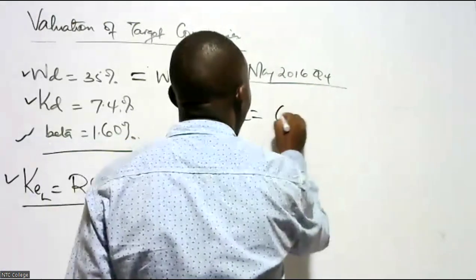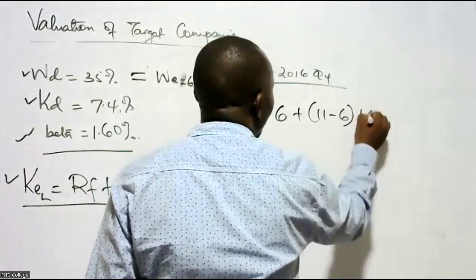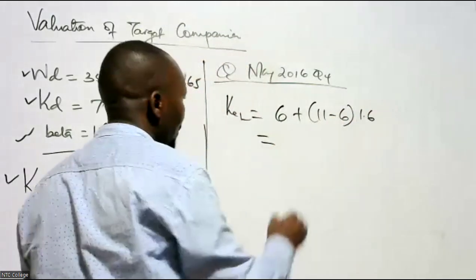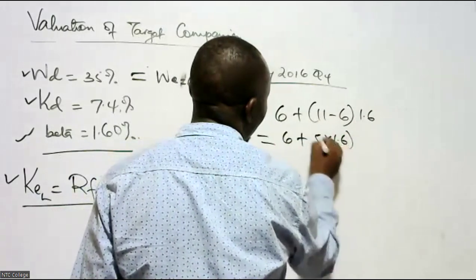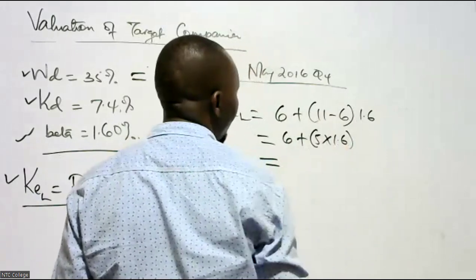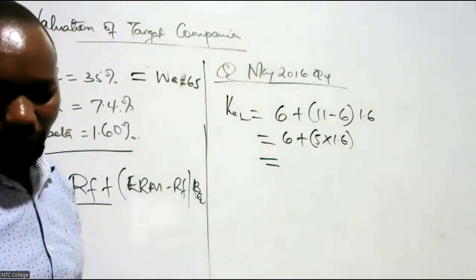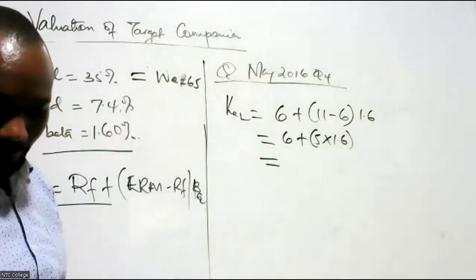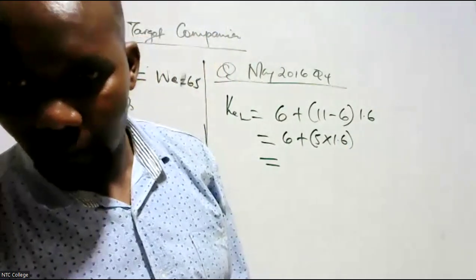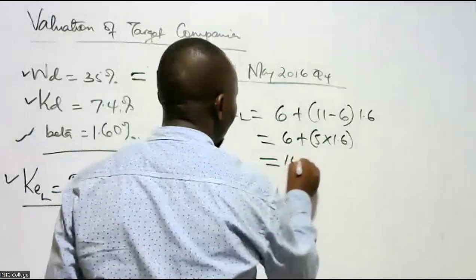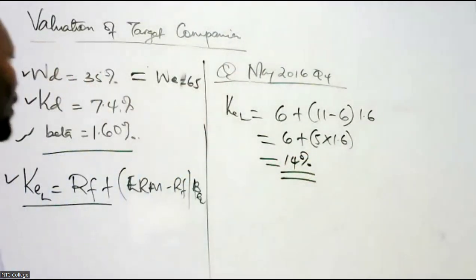So we have 6 plus 11 minus 6, all over 1.6. What are we getting there? Now what?